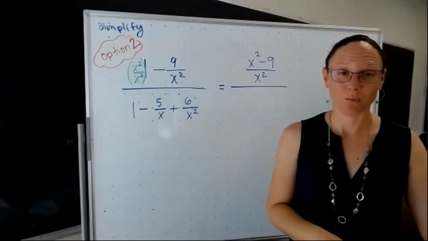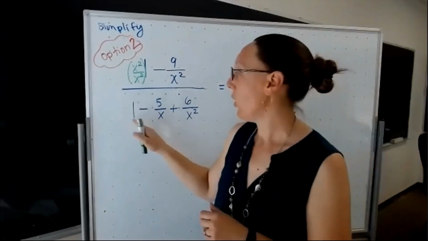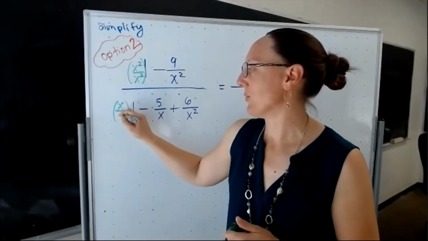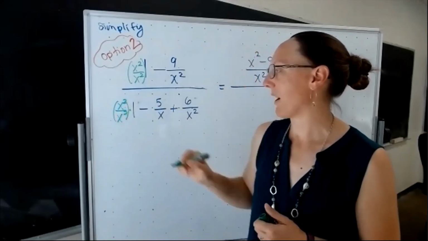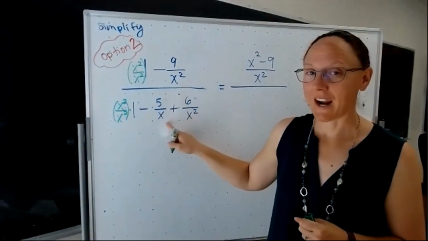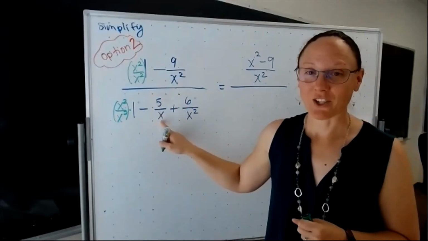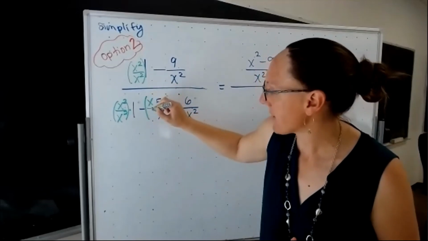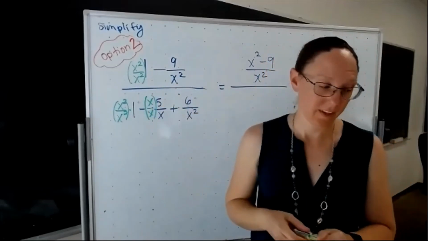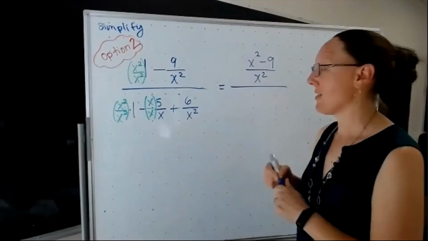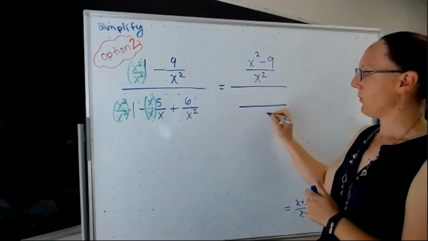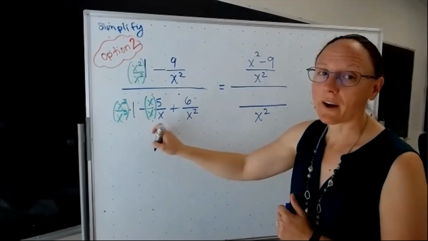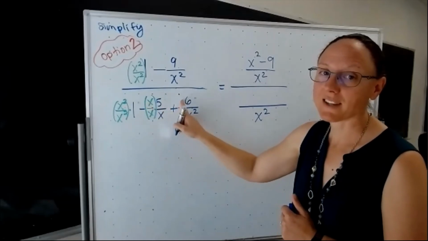Doing the same thing to my denominator here, 1, we're going to need to again turn into that x squared over x squared form. 5 over x, if I'm going to give this a common denominator of x squared, and then I need to squeeze in x over x. Rewriting out the entire denominator, we've got that common denominator of x squared. And for my numerators, I've got x squared minus 5x plus 6.